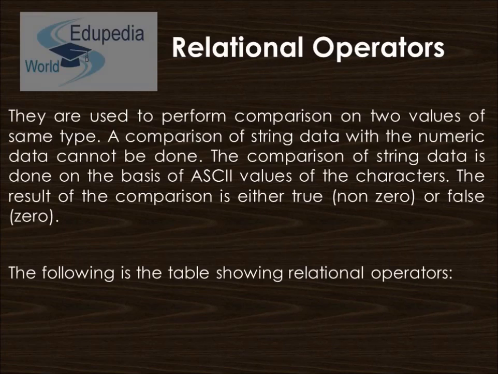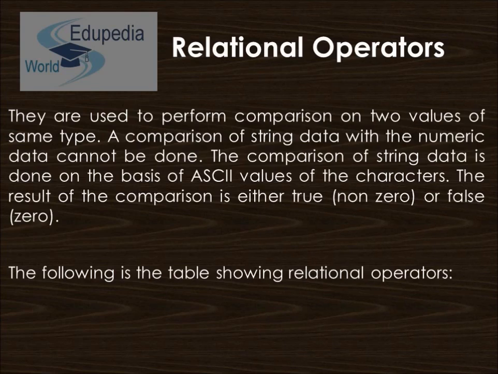Then comes the relational operator. They are used to perform comparison on 2 values but always of the same type. Comparison of string data with the numeric data can never ever be done.